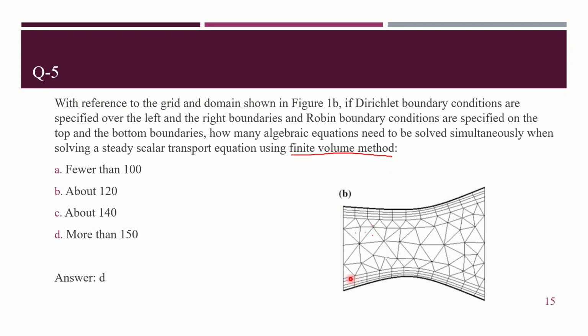Here we have 4 layers and here 4 layers. So 1, 2, 3, 4, 5, 6, 7, 8, 9, 10, 11. And 1, 2, 3, 4, 5, 6, 7, 8, 9, 10, 11. So 11 into 8, 88 equations we need to solve along the walls itself. For the rest of the equations we need to find out how many cells are here.